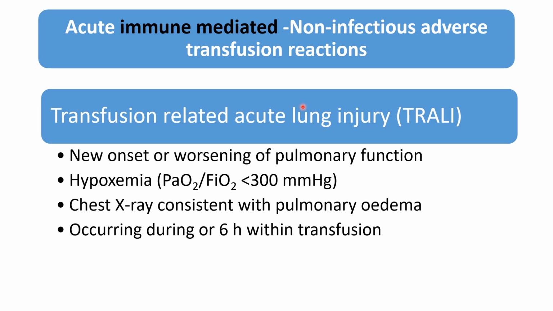So whenever there is a new onset or worsening of pulmonary function after transfusion, we should suspect transfusion-related acute lung injury. The patient can have hypoxemia due to the acute lung injury, so the PaO2 to FiO2 ratio will be less than 300 mmHg. Chest X-ray will show pulmonary edema, and these reactions generally occur within 6 hours of transfusion.